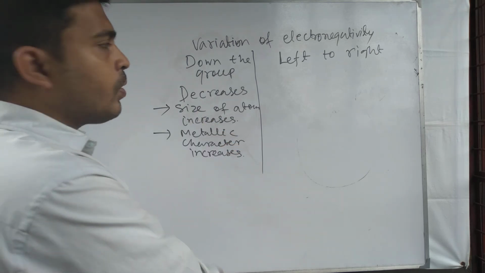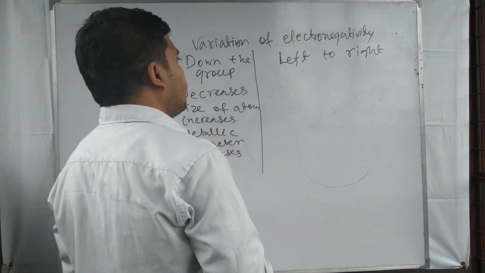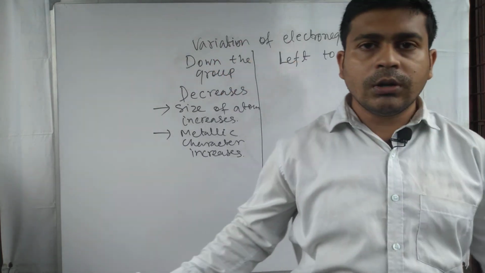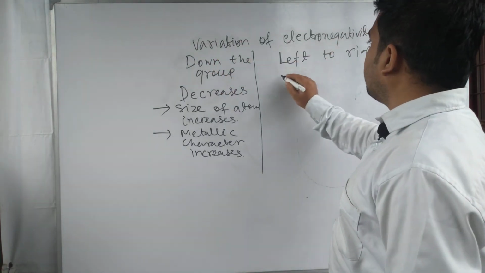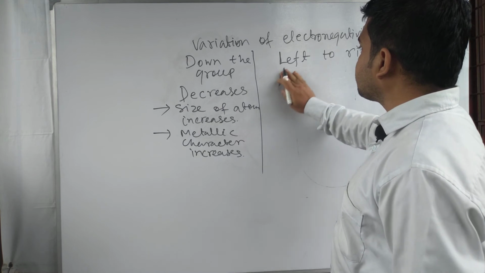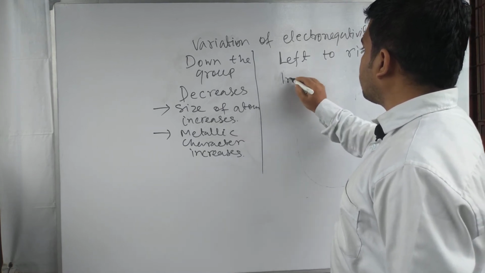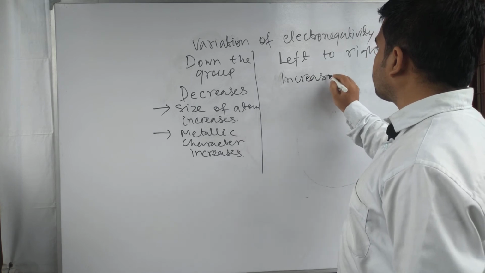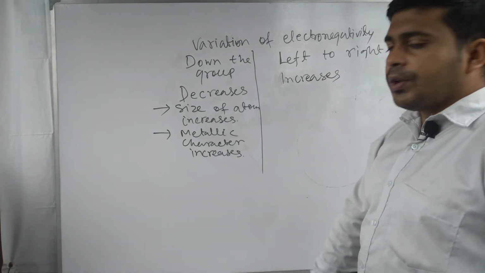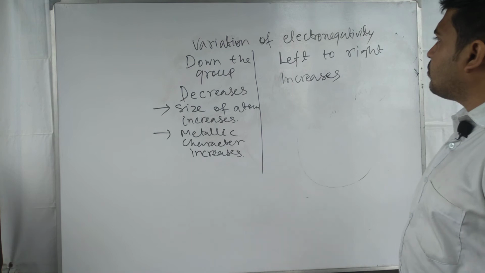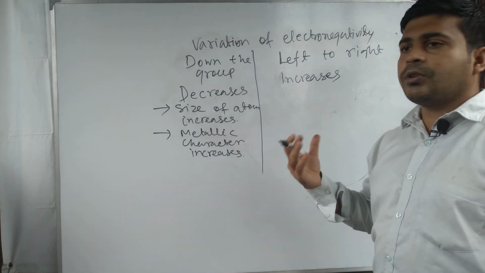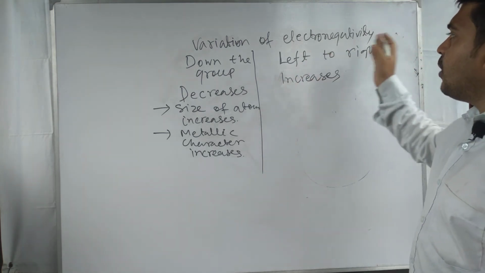But in the case of left to right, in a period, it increases. The electronegativity value increases when we move left to right.